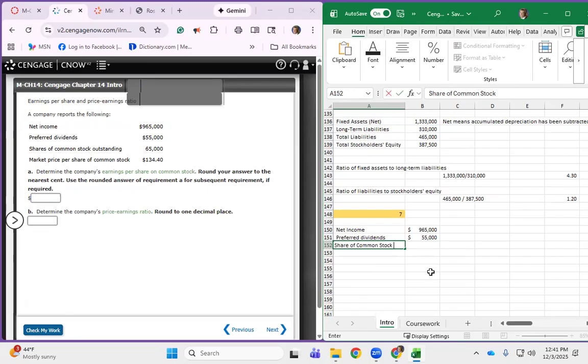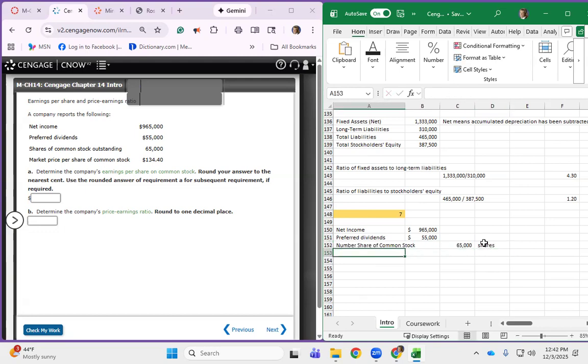So outstanding is different from the amount issued. The number of shares of common stock is a number, not dollars. How many shares are out there? They're telling us there are 65,000 shares out there, and I'm not going to put a dollar sign with that because that's the number of shares.